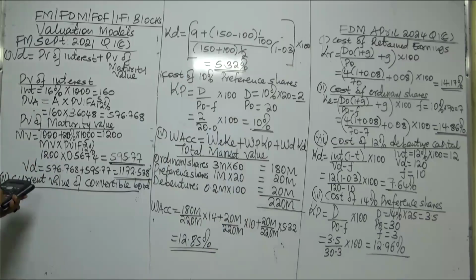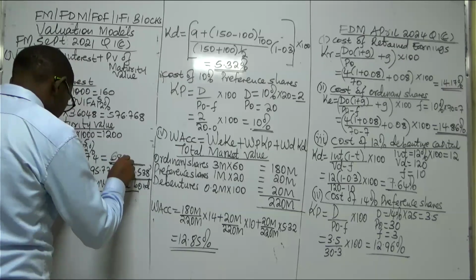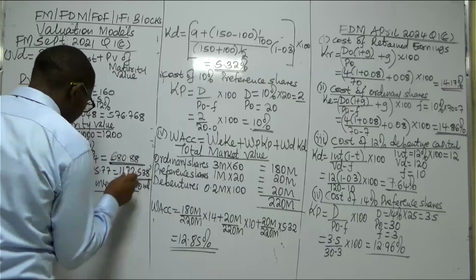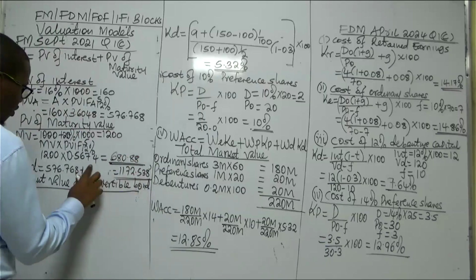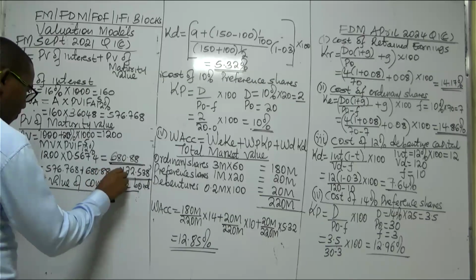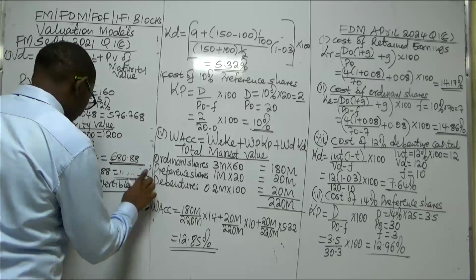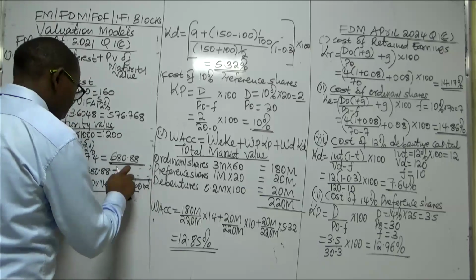So total of 1200, I multiply by 0.5674. This is 680.88. So I add 576.768. This is 1257.648.